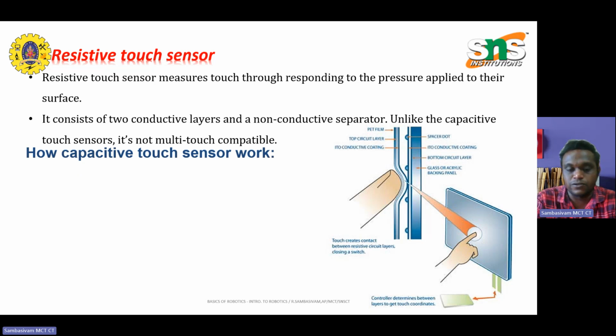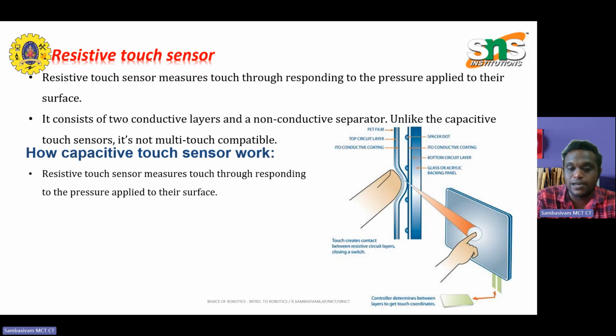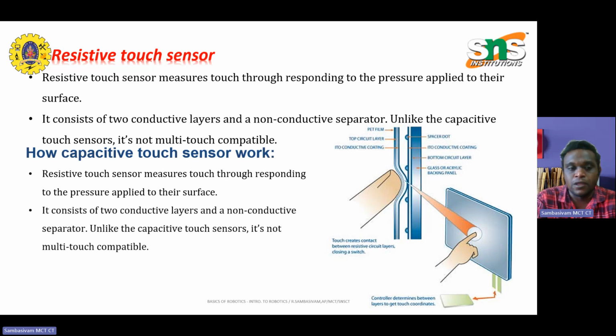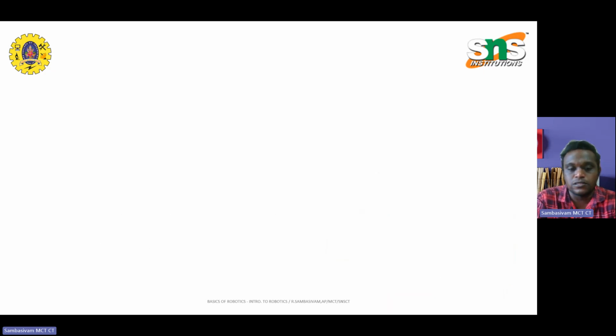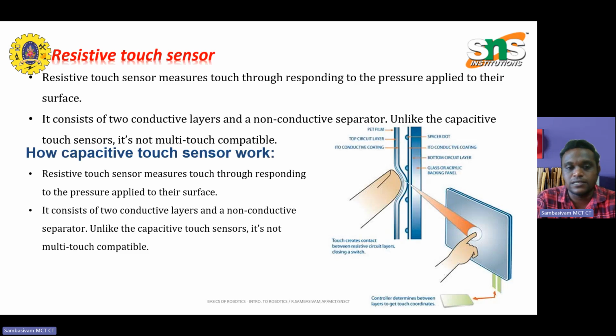When pressure is applied to the surface of the sensor, it causes a change in resistance, which is then detected and translated into a specific input. This type of sensor is particularly effective because it can detect touch from almost any kind of object, be it a stylus, gloves, hand, or a bare finger. So this is the basic structure of resistive sensors and how they work.